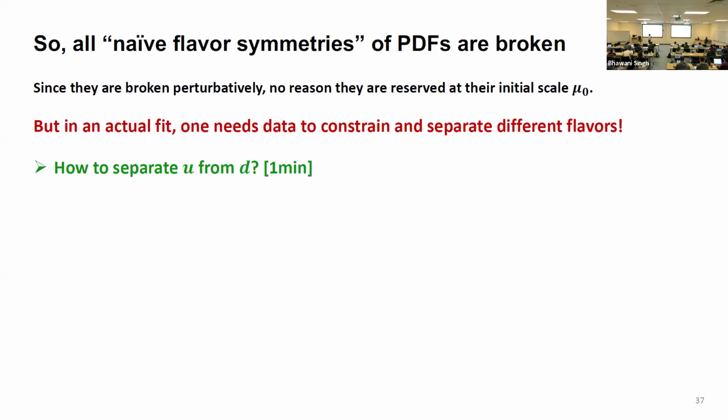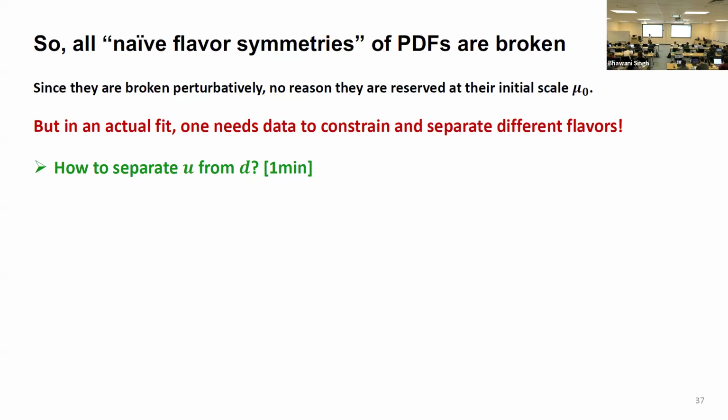That said, you can parameterize different flavors in all different ways. But if you have no data to constrain them, you get a lot of flat directions in your chi-square space. So you need data to constrain and separate all these different flavors. And that's where the physics of the processes comes in.